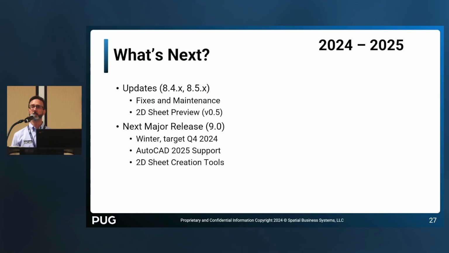From a product functionality standpoint, it's perhaps not dramatic, but from a platform standpoint, the change in the .NET version that's used has made for some major changes in that platform. We would hope to have these 2D sheet creation tools fleshed out in full for that release.